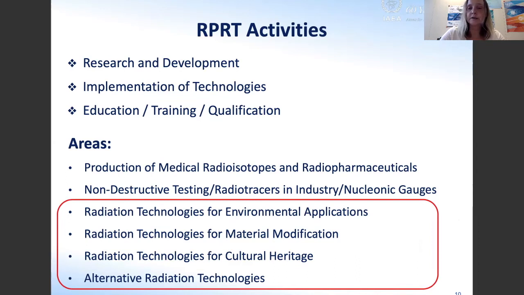These are the areas that deal with both high activity sources for all these applications and also accelerators. So for either of the applications, be it environmental, material modification, or cultural heritage, we always consider both isotopic sources, but also non-isotopic sources, alternative technologies.